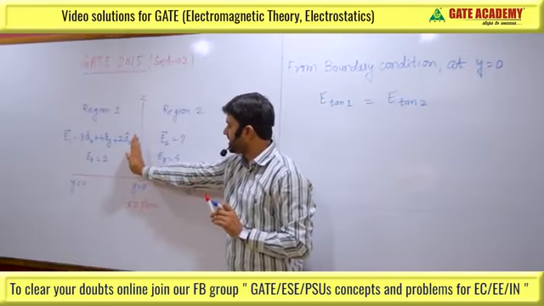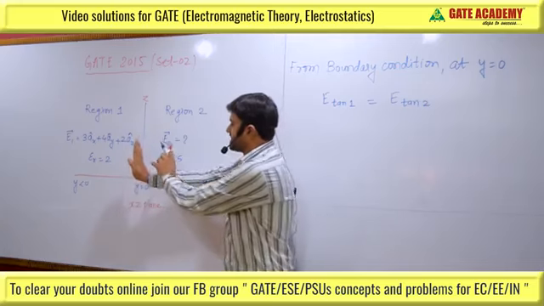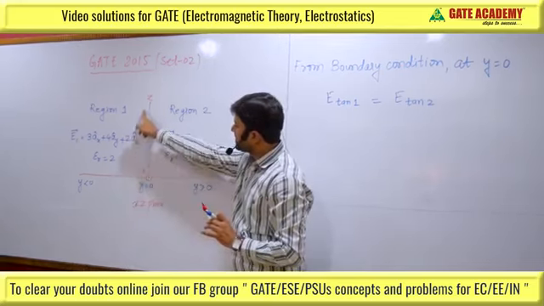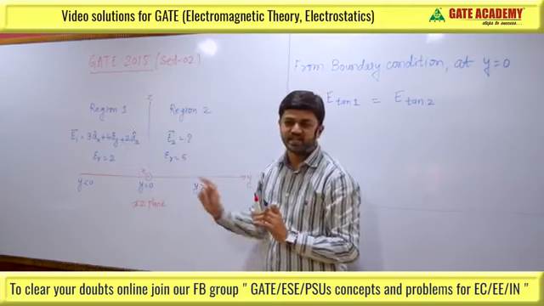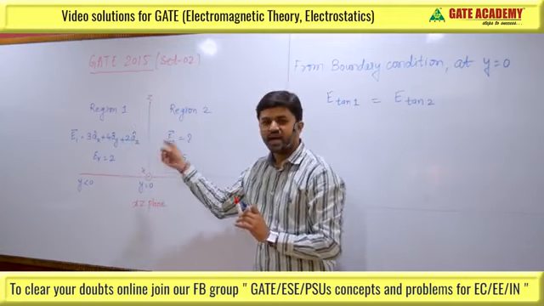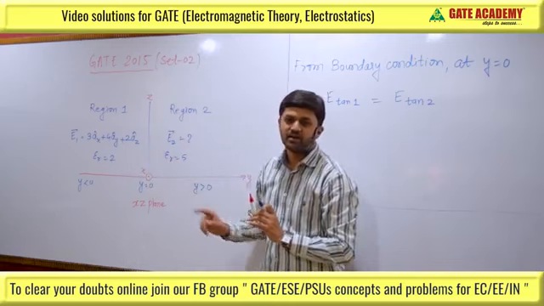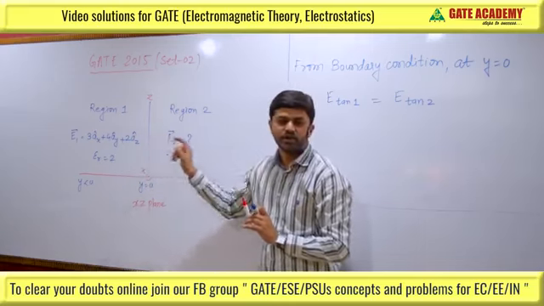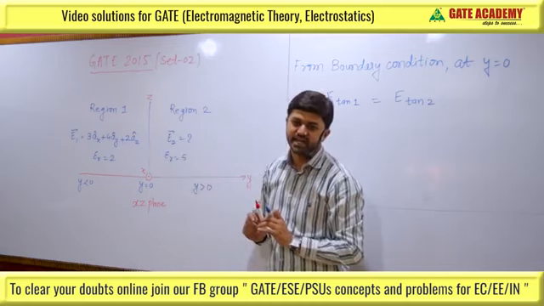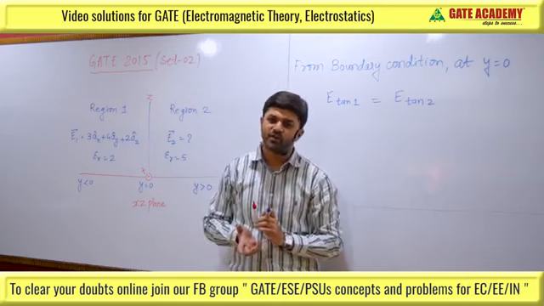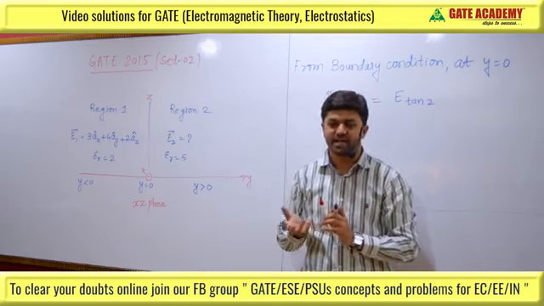If this is the boundary, then this is the z axis and this is the x axis. The electric field parallel to the z axis is a tangential component, and the electric field component parallel to the x axis will be the tangential component in the x direction, and y will be the normal component of electric field, because y equal to 0 is the interface.